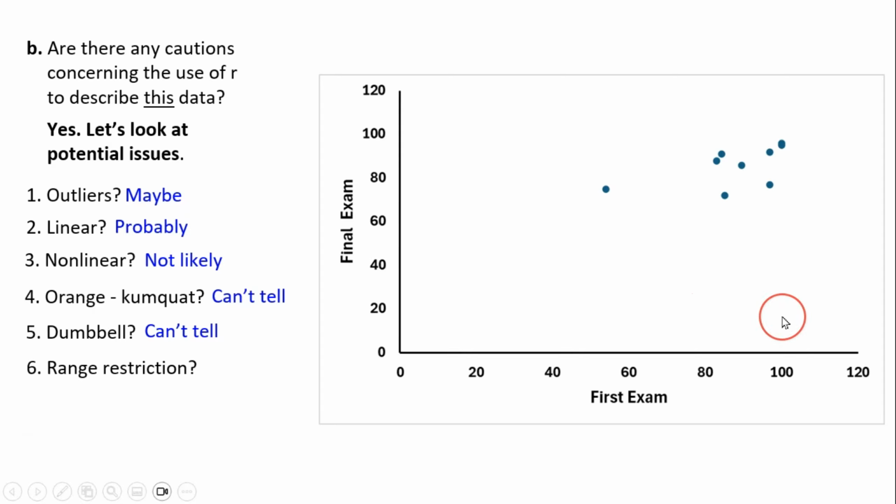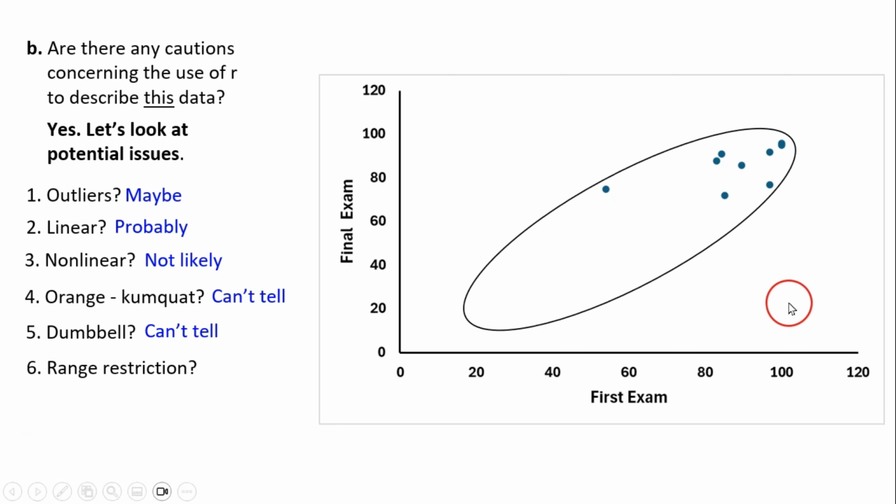And so what would it look like in order for us to not have range restriction? Because that's really what we have here. Our pattern would fill in this area, in a circular shape, across the range that we can get.